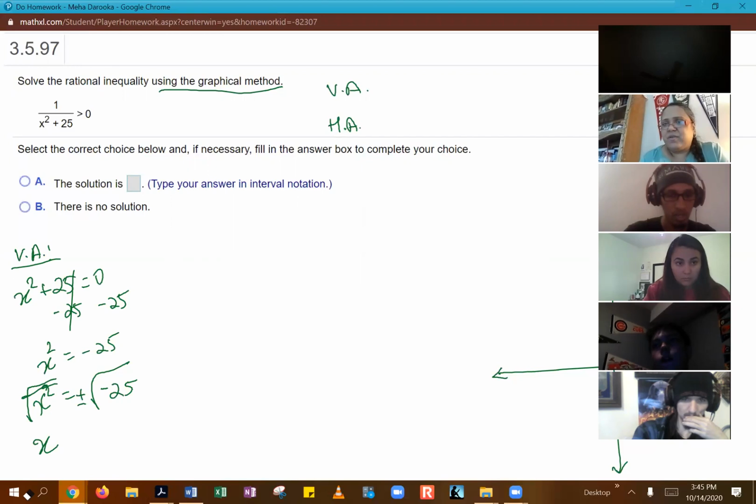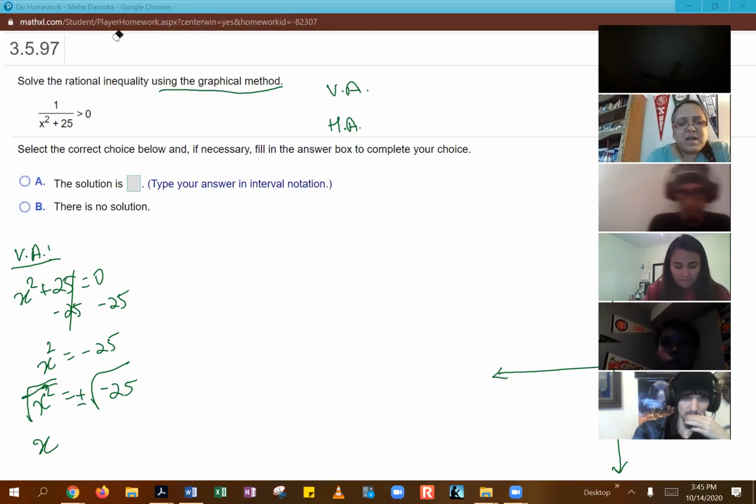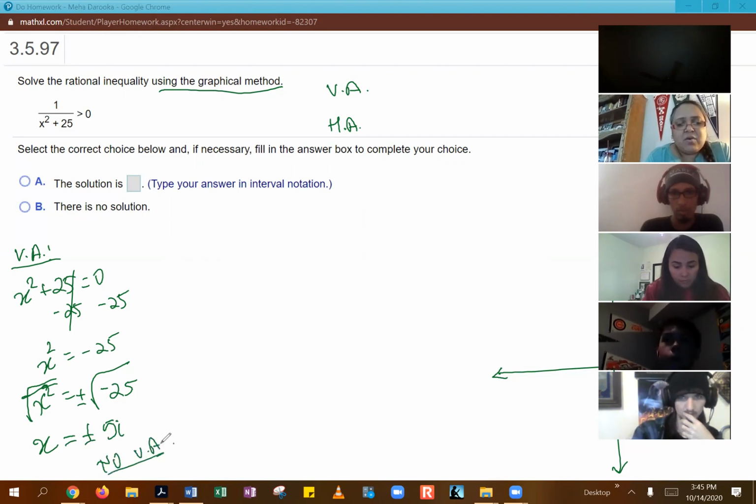You're taking the square root of a negative number, aren't you, on the right-hand side? Yeah, exactly. You've got imaginary numbers because once you simplify this, you will have plus or minus 5i. You cannot have imaginary numbers because our graph is based on the real number system. So that's why we actually have no vertical asymptotes here.